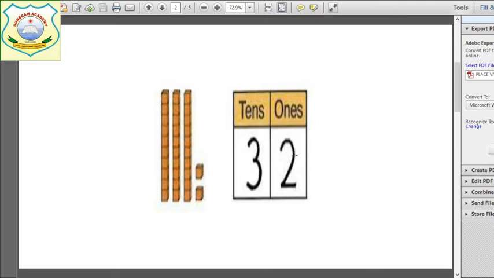Yes, the place value of this 2 is 2 ones or 2. 3 is in tens place, so what is the place value of this 3? 3 tens or 30.